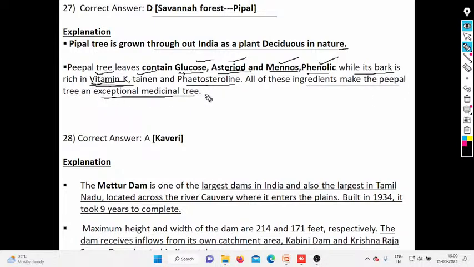These are all the ingredients that make the peepal tree exceptional as a medicinal part.